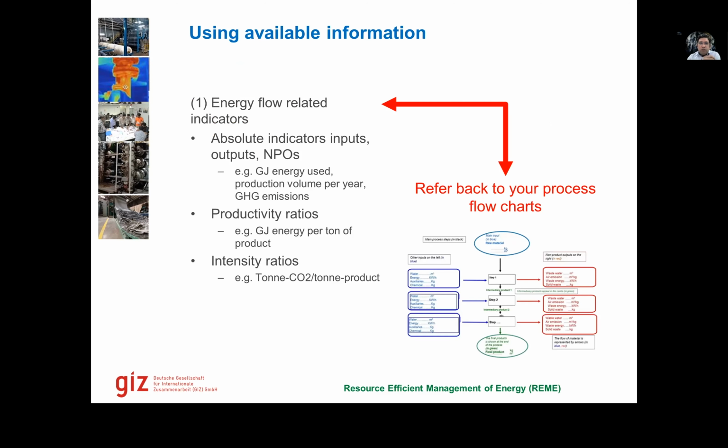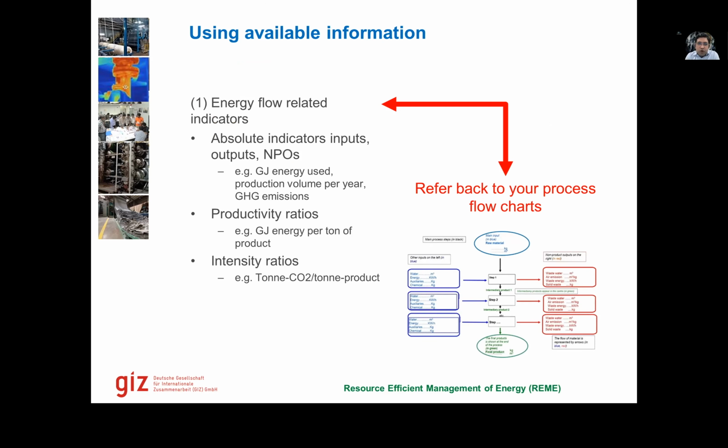So while setting targets for the measures that we are selecting, refer back to the process flow charts that we developed, and the energy flow indicators that we developed. For example, we might have developed basic indicators like gigajoules of energy used per year or per month, or total absolute GHG emissions, or number of NPOs, or total quantity of wastewater, or total quantity of heat in wastewater.